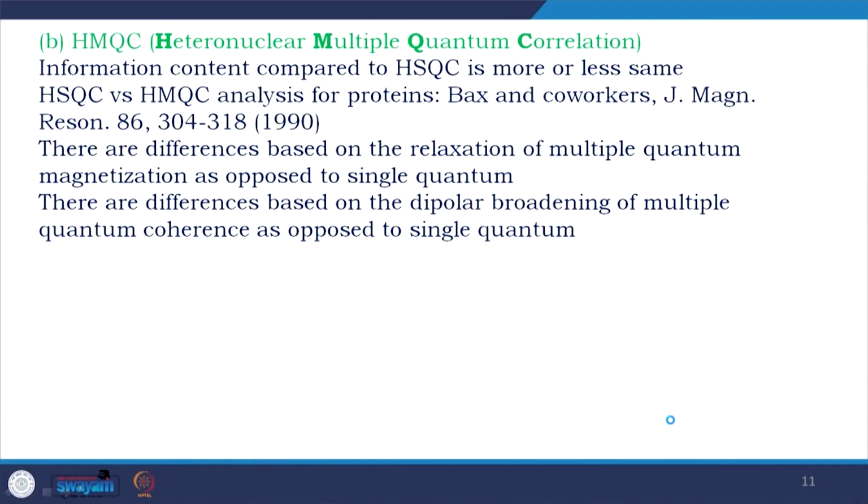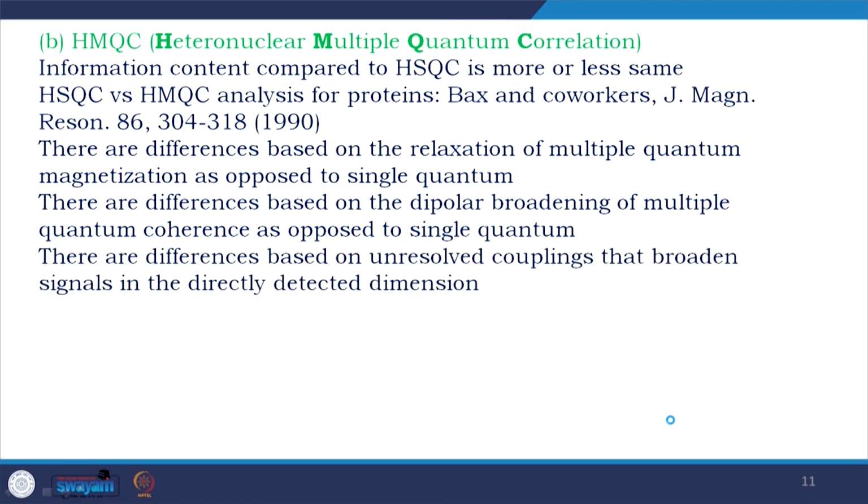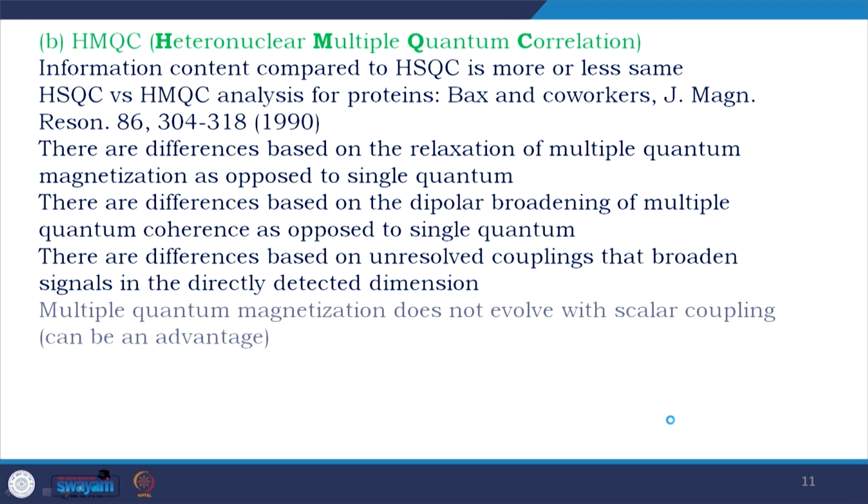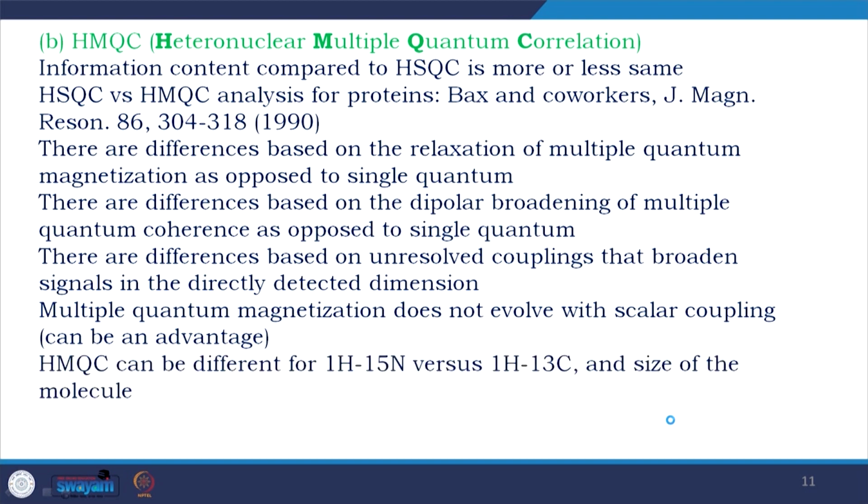There are differences based on the dipolar broadening of multiple quantum coherence as opposed to the single quantum. There are differences based on unresolved coupling that broadens signals in the directly detected dimension. Multiple quantum magnetization does not evolve with scalar coupling, which could be used as an advantage in some cases.